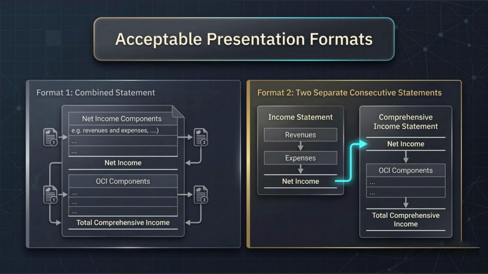The first statement ends with net income, the second statement immediately follows and begins with net income, then presents OCI and total comprehensive income. The key sequencing rule is that the second statement must start with net income. Do not let the second statement start wherever it feels inspired. ASC 220 gives it a very specific opening line.